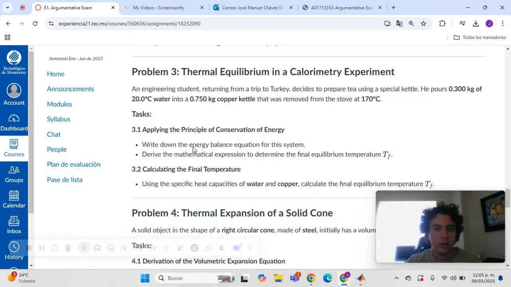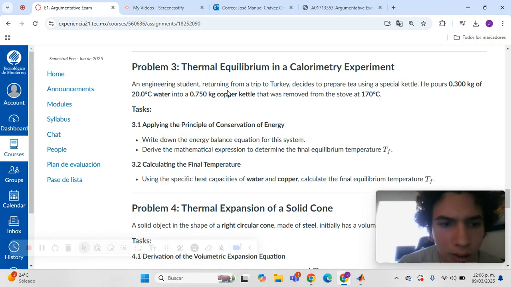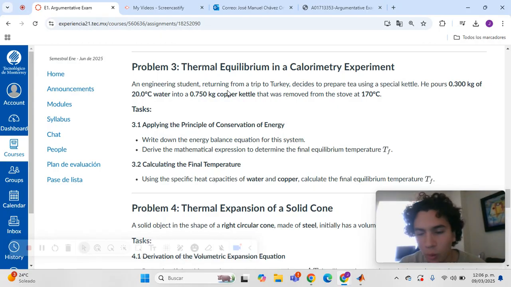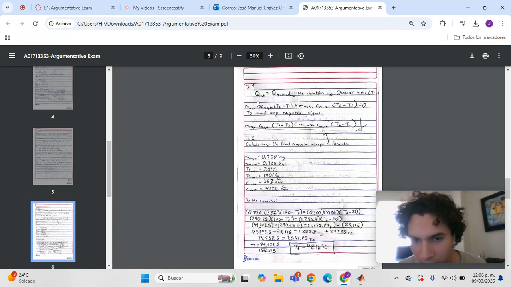And now going all the way to problem 3, we have some given parameters of the water as well as the copper in mass, and we need to use this formula over here, which is basically the quantity of heat, but a little more complex, which is given here.